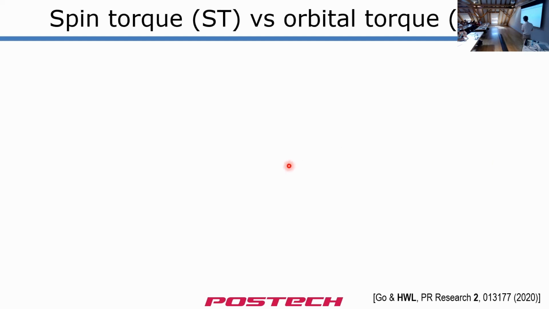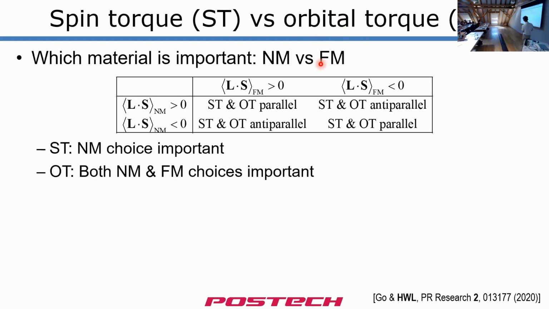Okay, and now, so the mechanism is interesting, but experimentally, we need some way to distinguish the spin contribution to the torque versus the orbital contribution to the torque. So this table summarizes one possible way. In the case of spin torque, we know that the most important thing is the spin Hall effect.